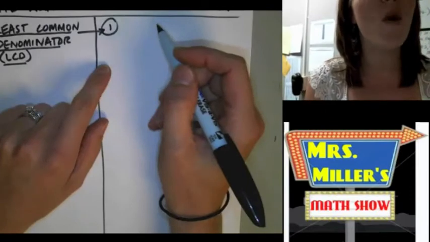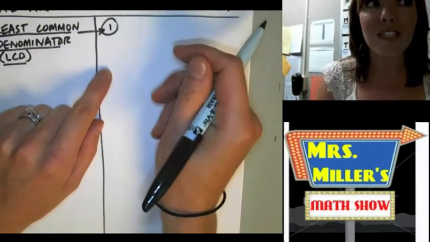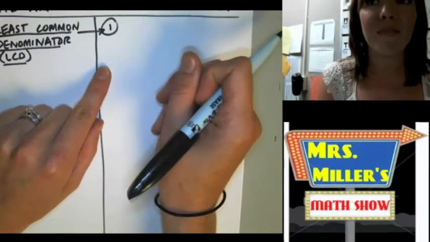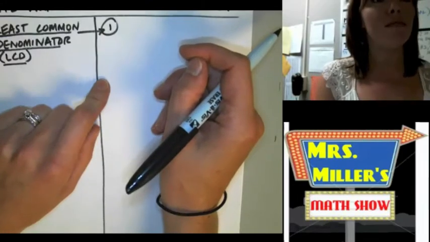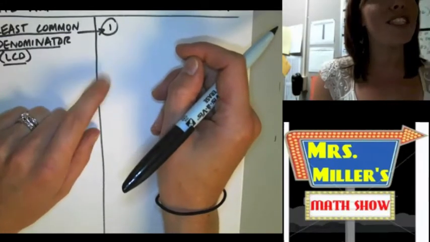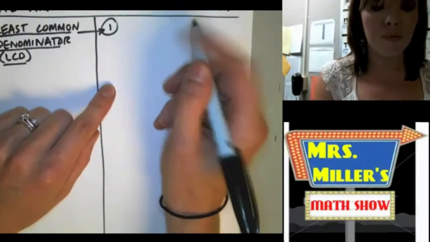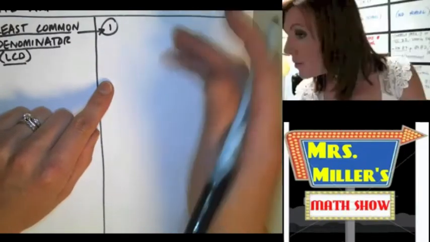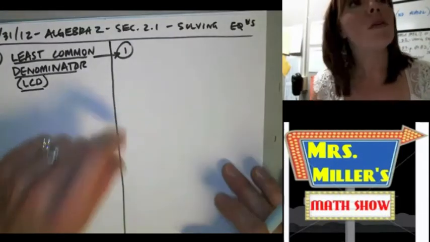So let's review what least common denominator means. Anybody remember what least common denominator means? Aiden. Okay. Anybody know least common denominator? Jiro? It's like when you have two numbers, the lowest number that you could divide by.